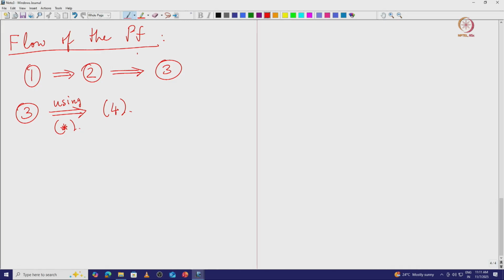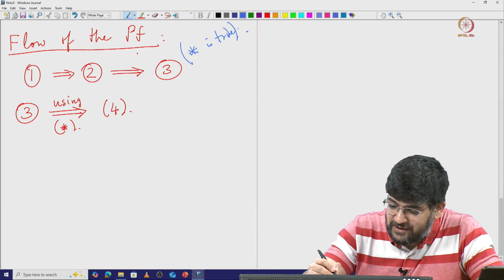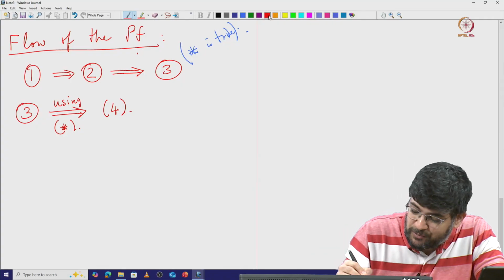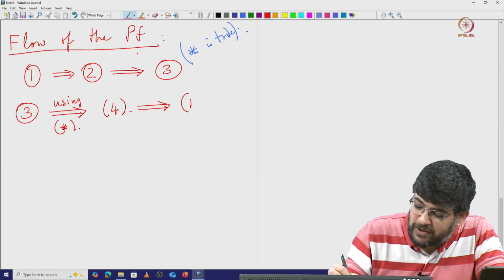So if condition 3 holds, then I am going to show that star is true, and then using the statement star and 3 once again I am going to show the Bolzano-Weierstrass property, and this is going to imply 1.